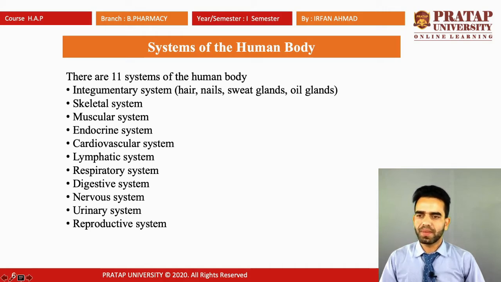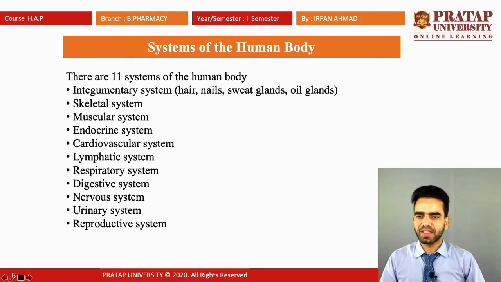Third is the muscular system, which involves all the muscles of our body. Fourth is the endocrine system, which involves the endocrine glands of our body. Fifth is the cardiovascular system, which consists of the heart and blood vessels. Then the lymphatic system, which consists of lymph and lymph nodes.